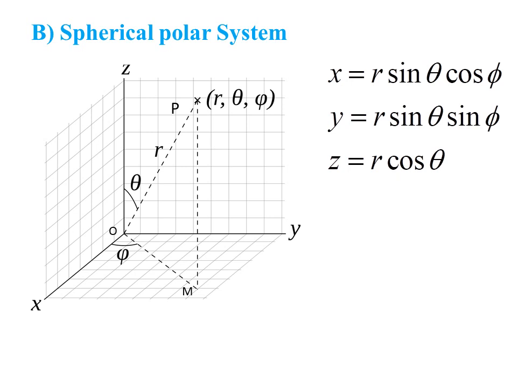Then theta we have considered as the inclination of OP with positive z axis, and phi is the inclination of OM with positive x axis. So this phi will vary from 0 to 2 pi, as it goes from 0 to 360 degrees angle with the x axis.